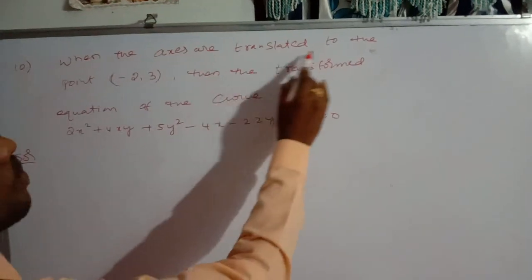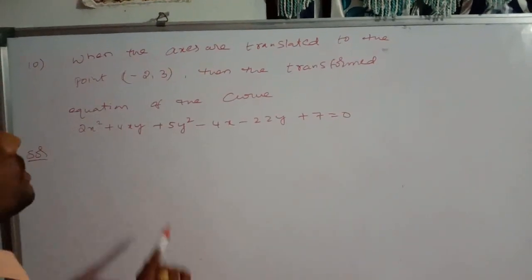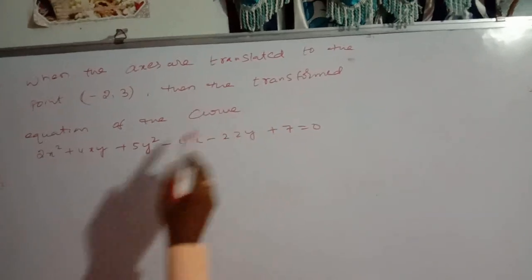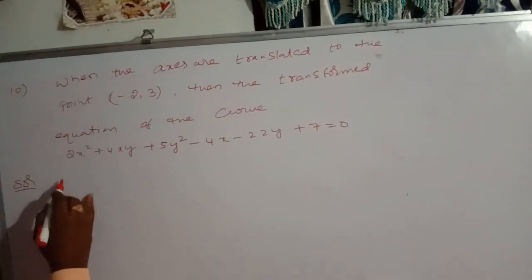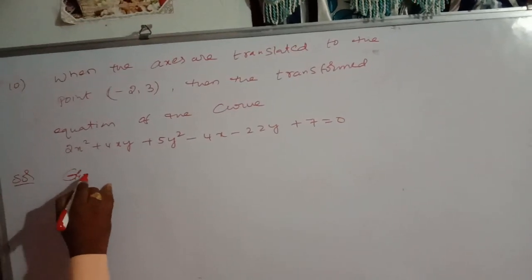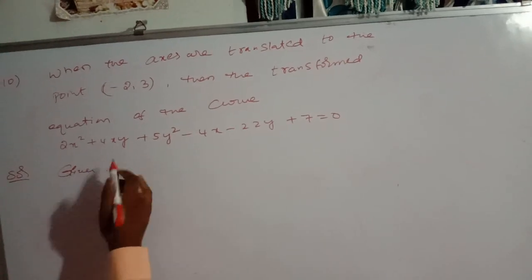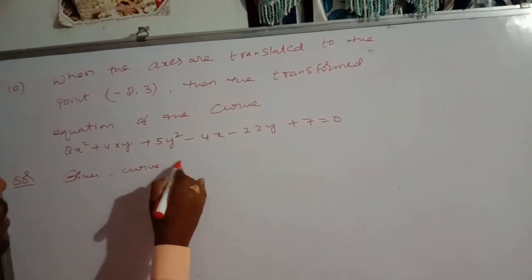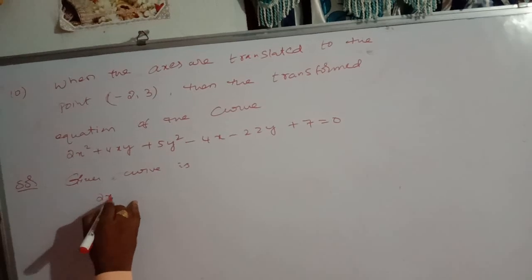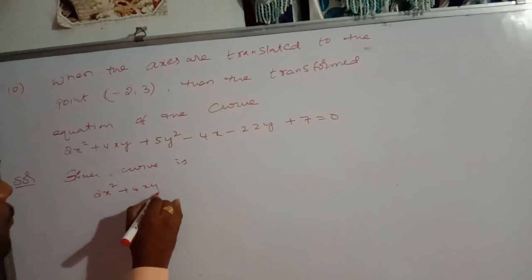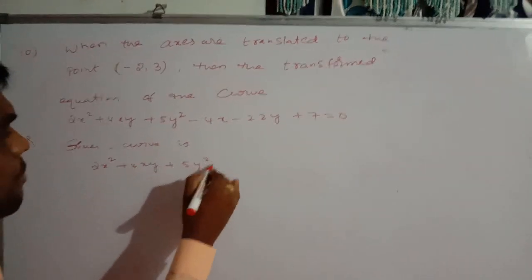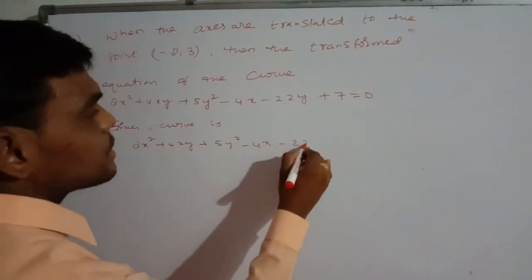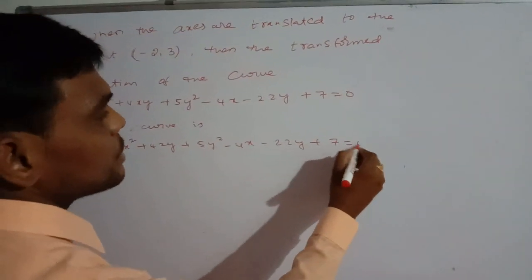When the axes are translated to the point (-2, 3), what is the transformed equation of the curve? The given curve is 2x square plus 4xy plus 5y square minus 4x minus 22y plus 7 is equal to 0.